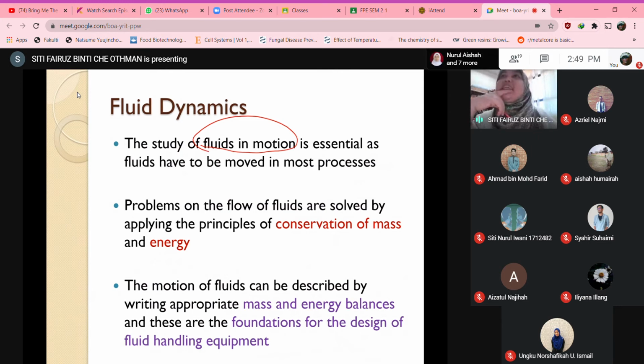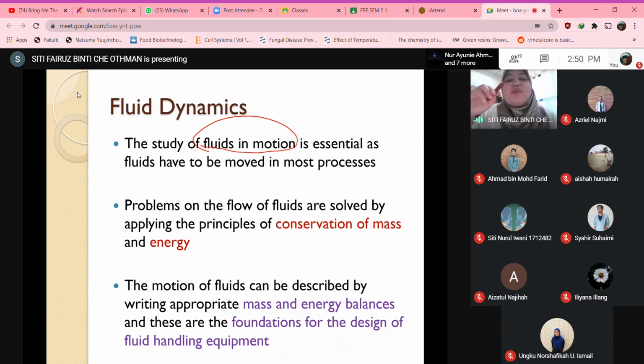So this is quite essential in the sense that memang mostly in the food industry ke any other engineering industry pun, there will be the movement atau the motion of one, you need to actually transfer one raw material to another, from one unit operation to another unit operation. So once motion is involved, there ada another set of equation that you need to deal with. Nanti benda ni memang pening kepala sikit lah, tapi it's okay. I believe in you guys.